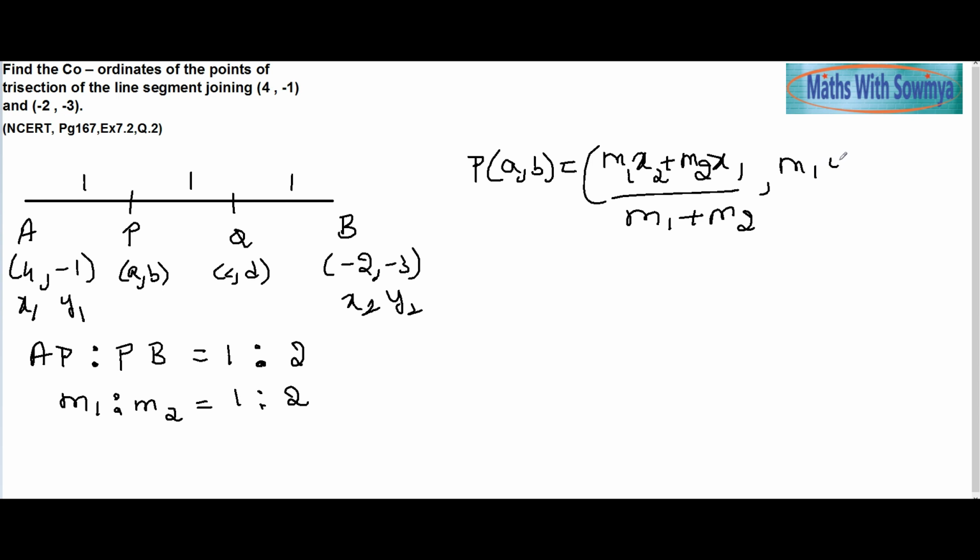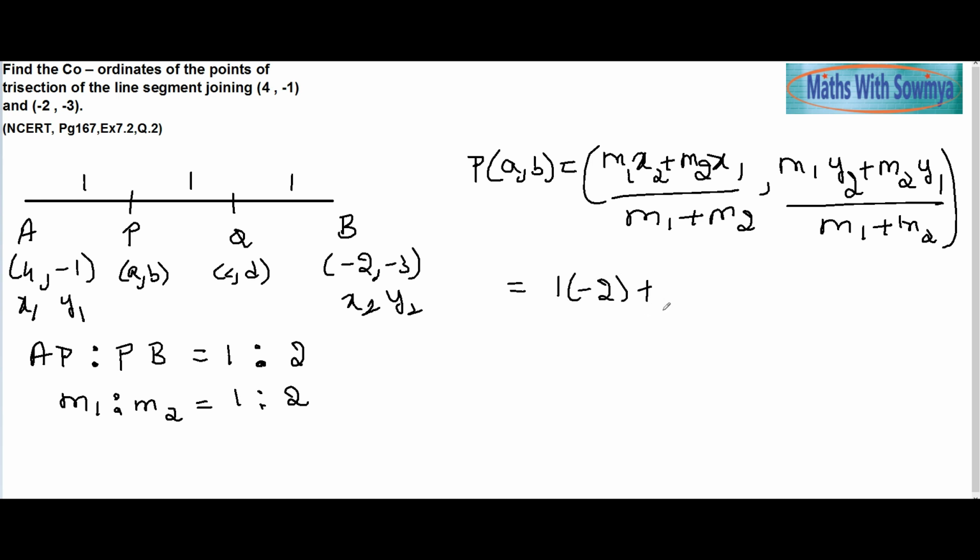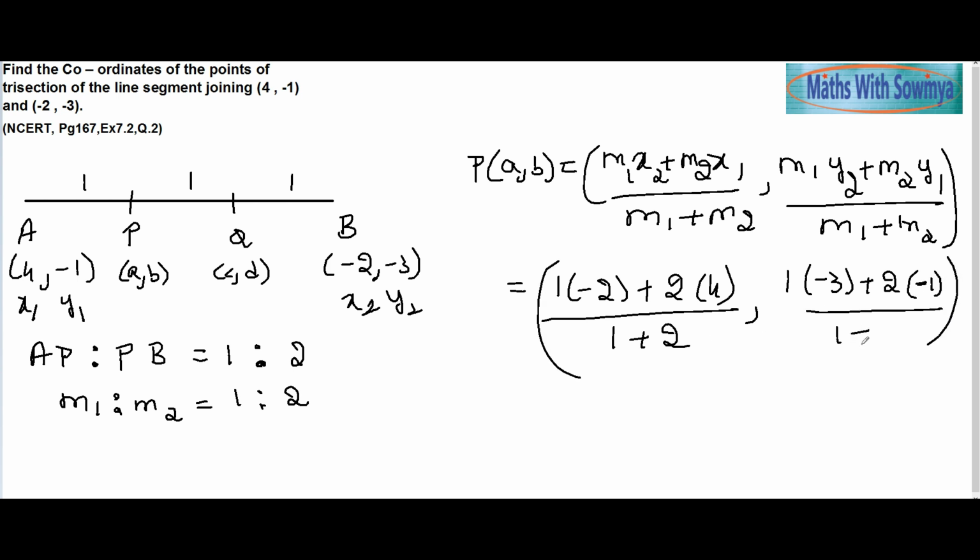Similarly, (m1 y2 plus m2 y1) divided by (m1 plus m2). What will be your P? m1 is 1, x2 is -2, plus m2 is 2, x1 is 4, divided by 1 plus 2. Similarly, m1 again 1, y2 is -3, plus 2, y1 is -1, divided by 1 plus 2.